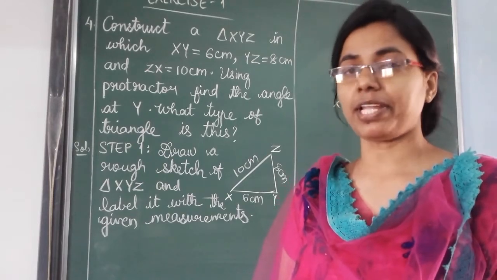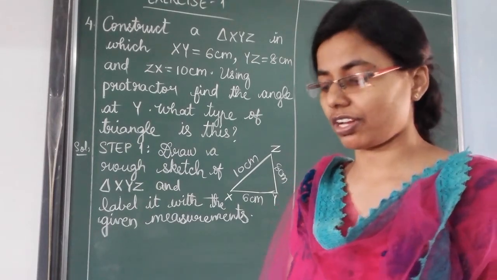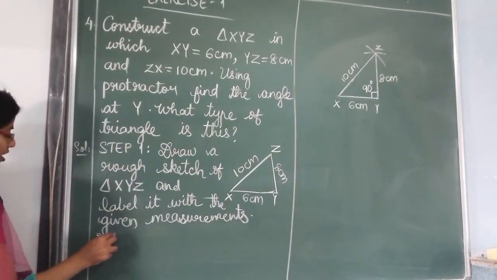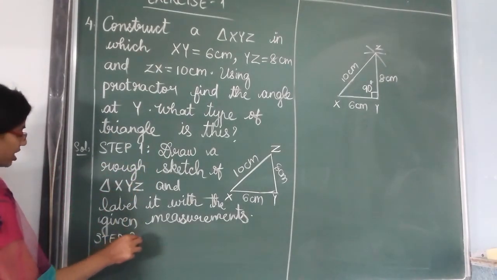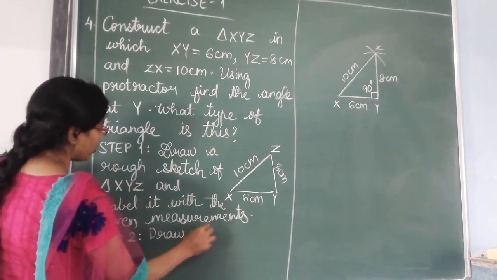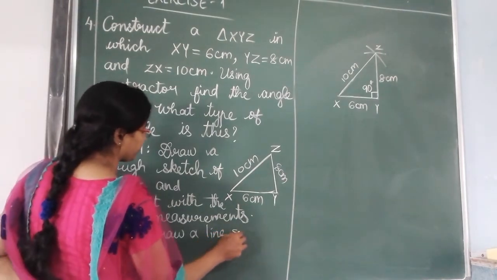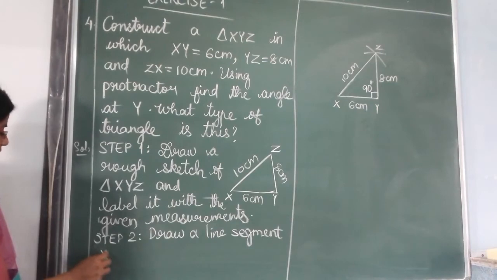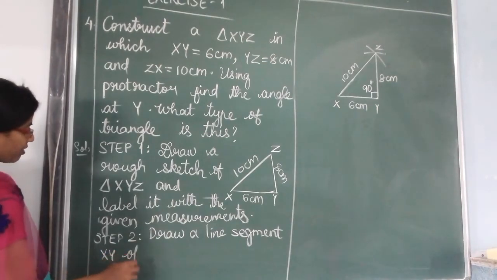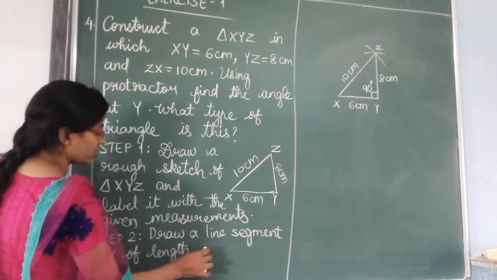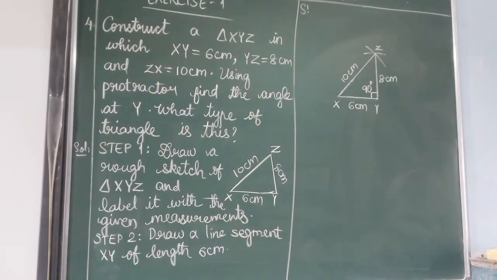So now let's complete the steps for construction. Step 1 we have already written. Now let's write step 2. Step 2 is draw a line segment XY of length 6 centimeters. Let's write step 3.